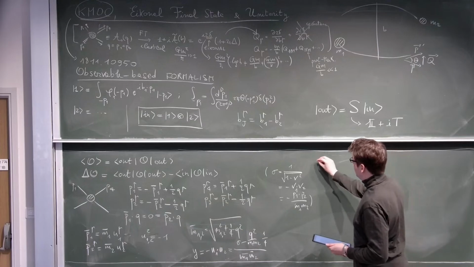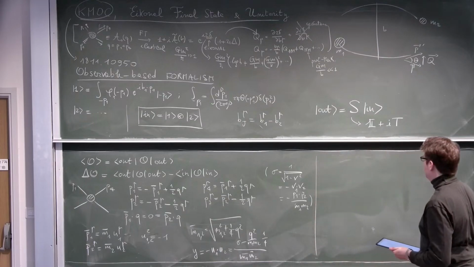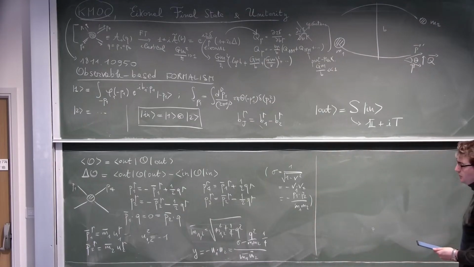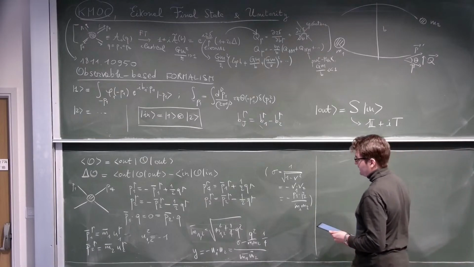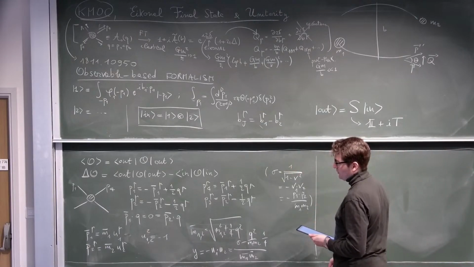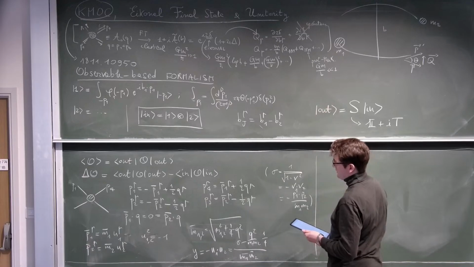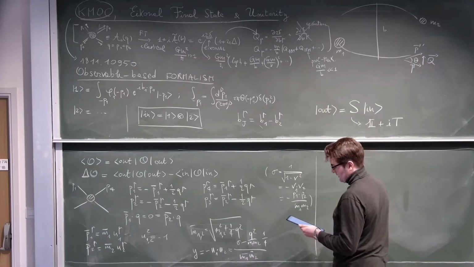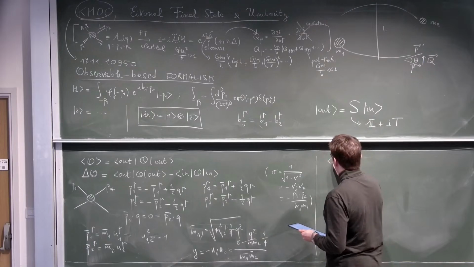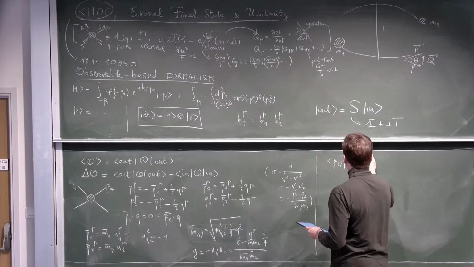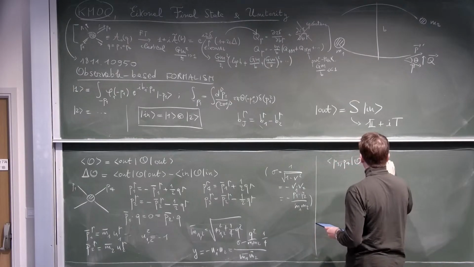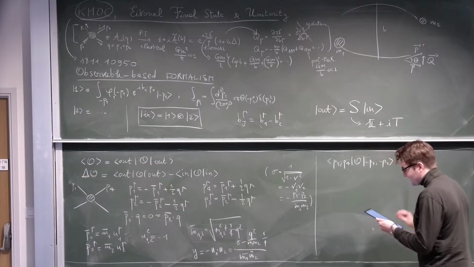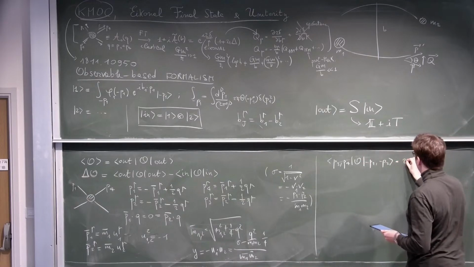Okay, then another key statement that I will need, although I will show it in great detail, is the following. Suppose we are interested in some operator, and this will be the case in particular for the combinations that enter our expectation values later on, that satisfies this. So in a sense it's an elastic 2-to-2 operator.